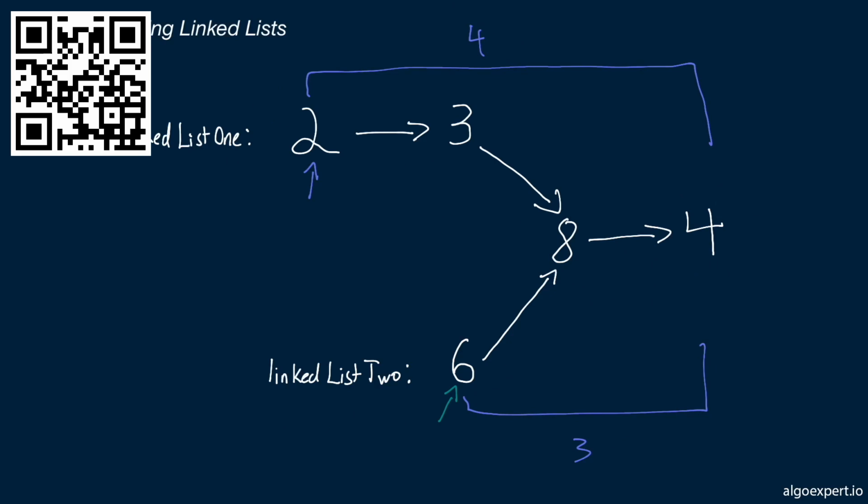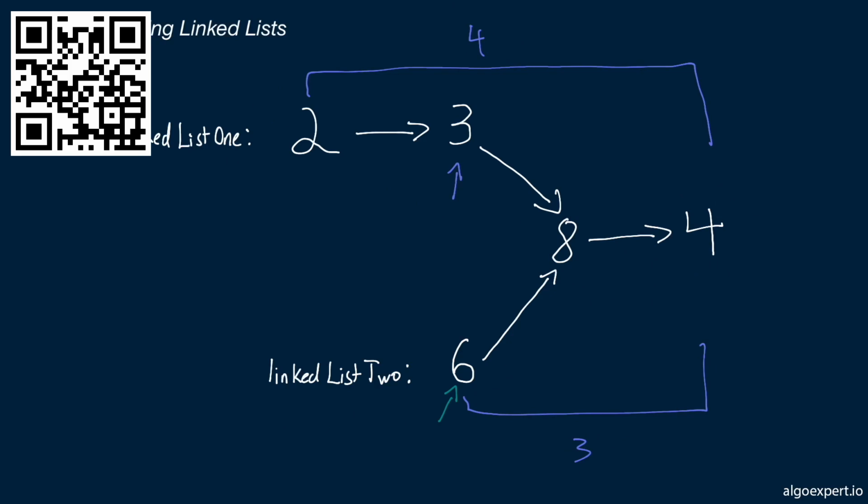So to do that, we would simply take our list 1 current pointer, and we would move it to the next node. And again, the difference in length between these 2 lists is 4 minus 3, so it's only 1, so we only need to do 1 iteration, and now the remaining lists are of the same length. So what that means is if we now increment at the same time, we will get to the intersection point at the same time.